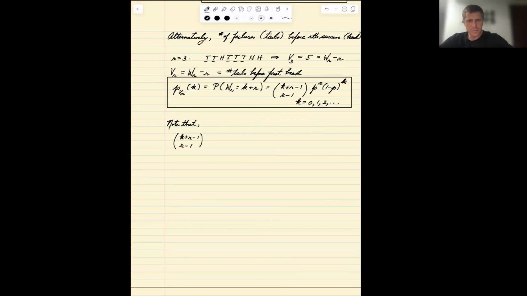I can rewrite this, of course. R plus K is equal to K plus R, no problem there. The definition of this is R plus K minus 1 falling R minus 1, divided by R minus 1 factorial.